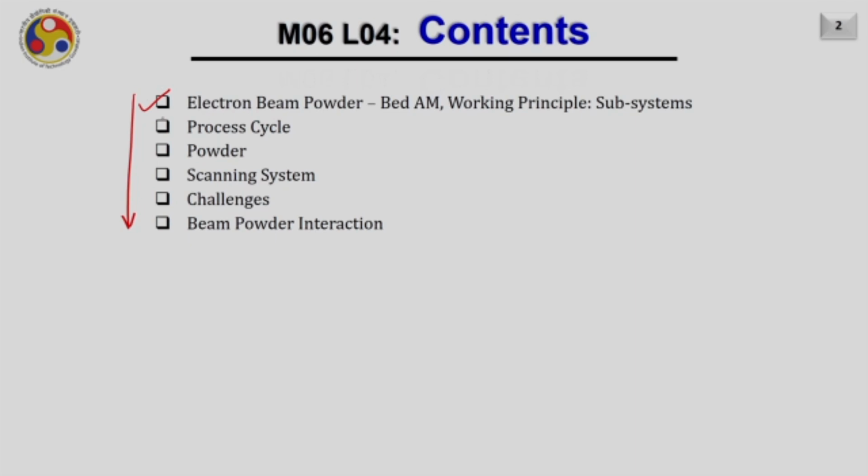Then we shall discuss the process cycle, the powder which is used for EB based powder bed additive manufacturing, and the scanning system which can move the beam onto the powder bed. Then we shall discuss some challenges associated with the process, and in the end the physics behind the beam powder interaction.